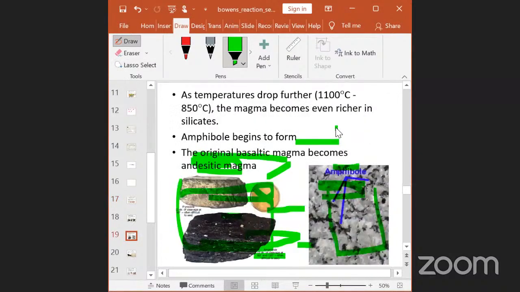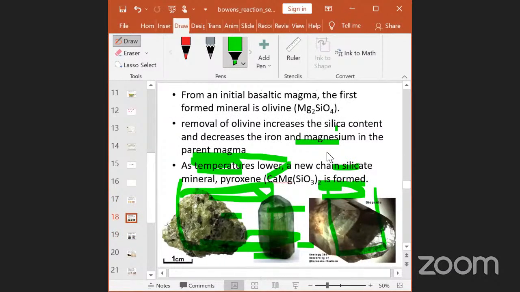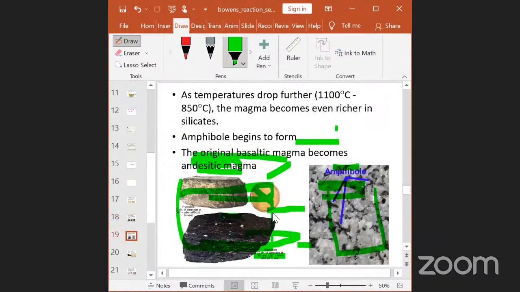I think you see here some examples and figures, right? And also here.